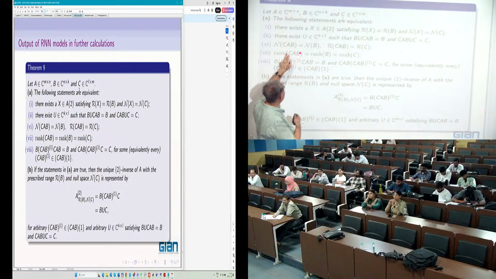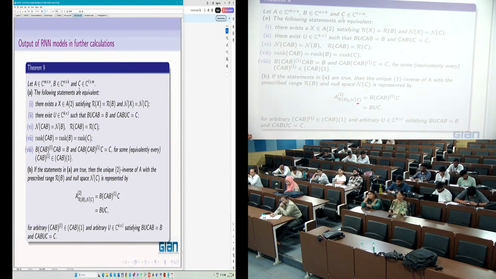Then B arbitrary. B arbitrary, BUC, BUCAB equals inner inverse of C, BUCAB equals inner inverse of CAB.